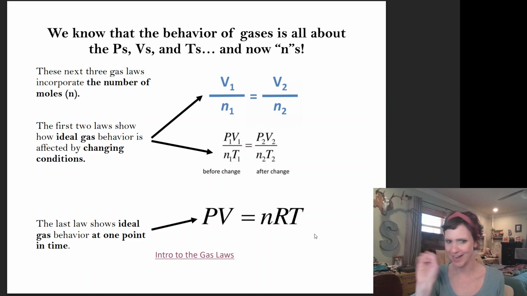I only see 1 of each letter of the alphabet. This last gas law is going to show an ideal gas behavior at only 1 point in time. So that's the main distinguishing factor about this last gas law called the ideal gas law. I'm not looking at changing conditions. I'm just looking at 1 point in time. What are the properties of the gas behavior showing me?